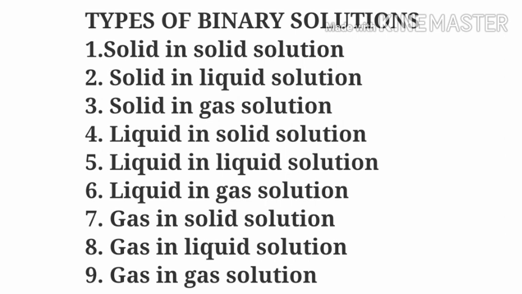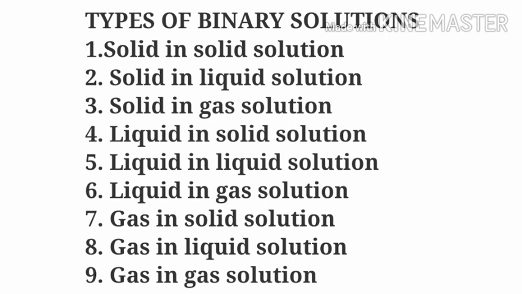Out of these nine different types of binary solutions, we'll focus in this chapter specifically on the solution where the solute is solid and the solvent is liquid. That means we'll concentrate on solid in liquid type solutions.